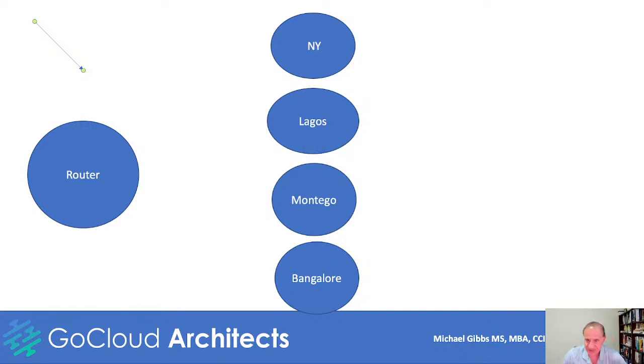Now, let's say in New York, we've got a campus with 25,000 people and 100 subnets, which is nothing, literally nothing. So let's say we've got 100 subnets here. Let's say we've got a smaller office in Lagos, Nigeria. Let's say we've got 50 subnets here.